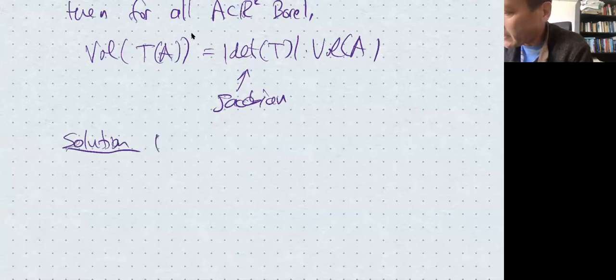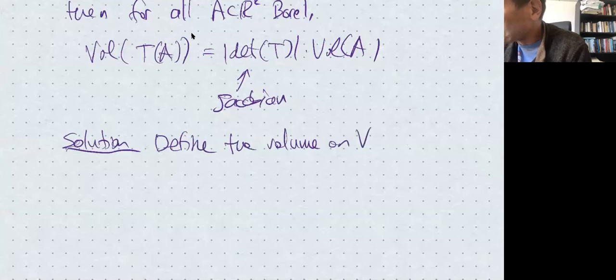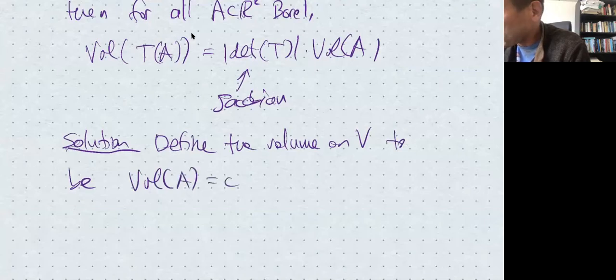So define the volume on V to be, volume of set A is c times, I'll explain my notation in a moment.